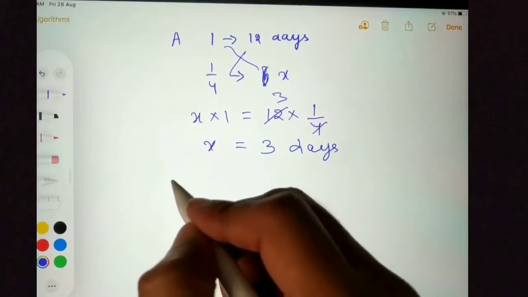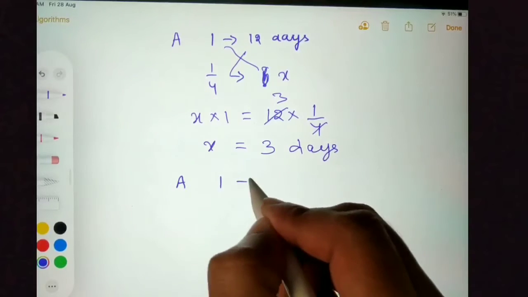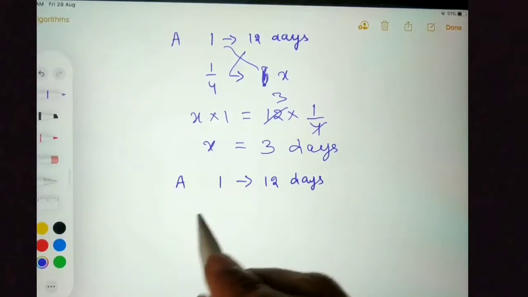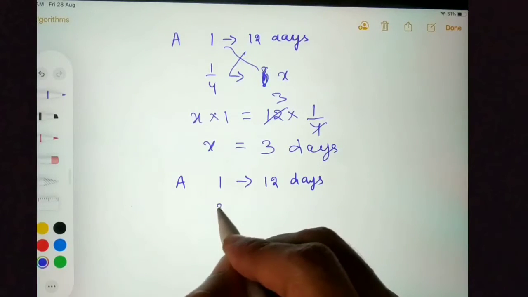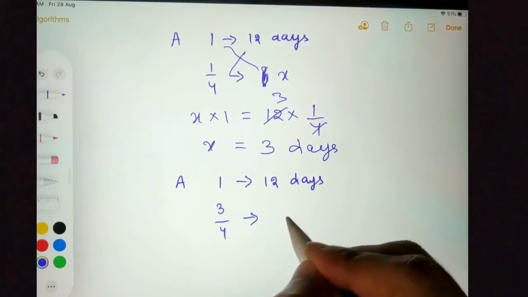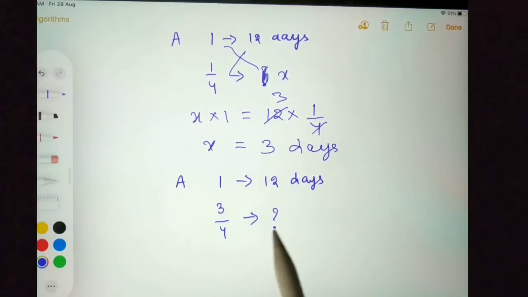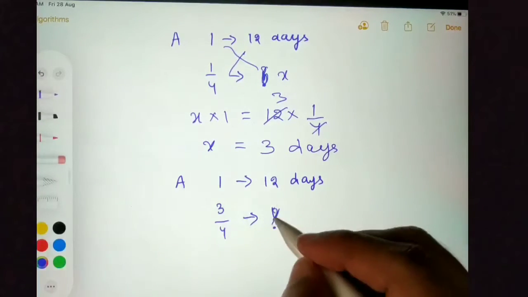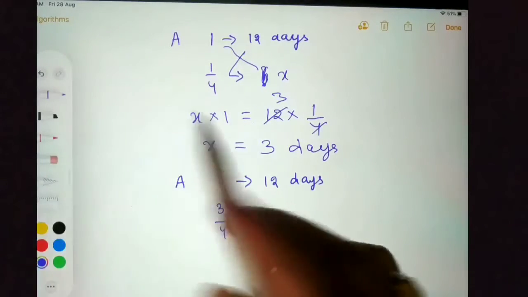In the same way, if A can complete a task in 12 days, in how many days will 3 by 4th of work be completed? Because we don't know this, we will take it as x.